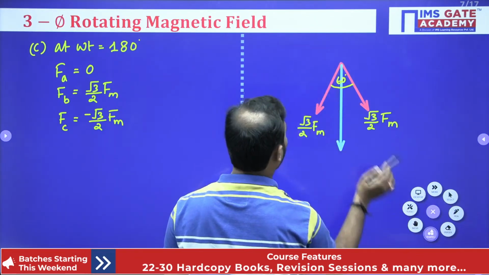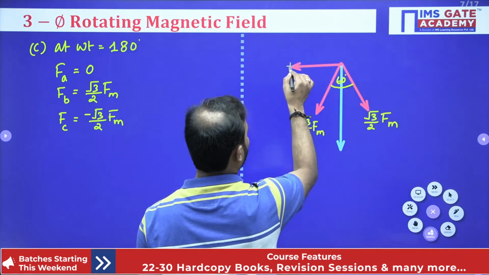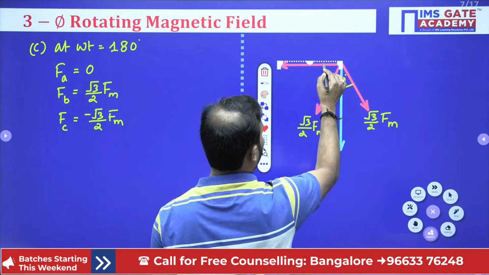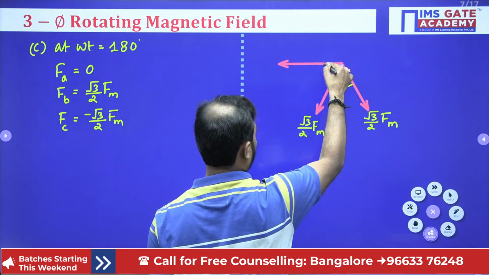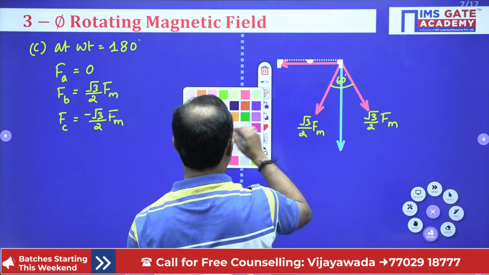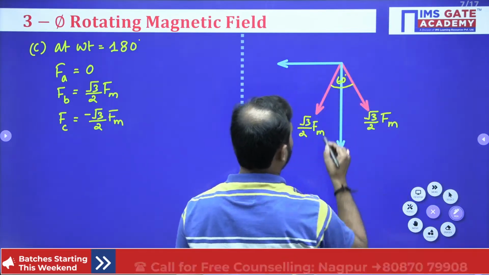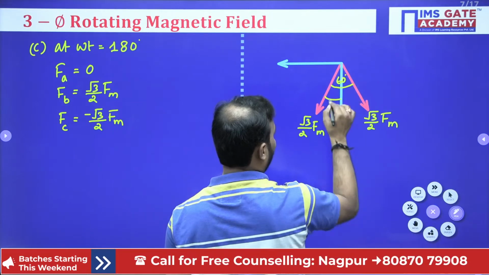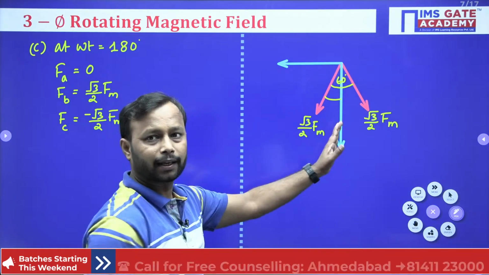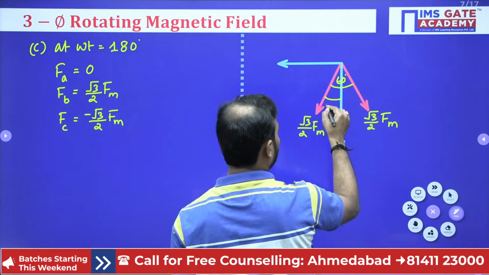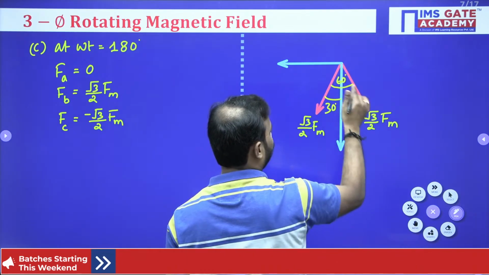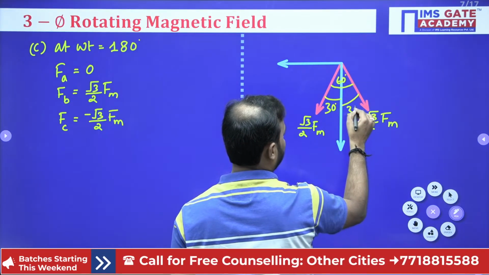And one part will be here, which is in horizontal direction. All right, so this vertical line will act as an angle bisector. So this will divide 60 degree into two parts, 30 and 30.